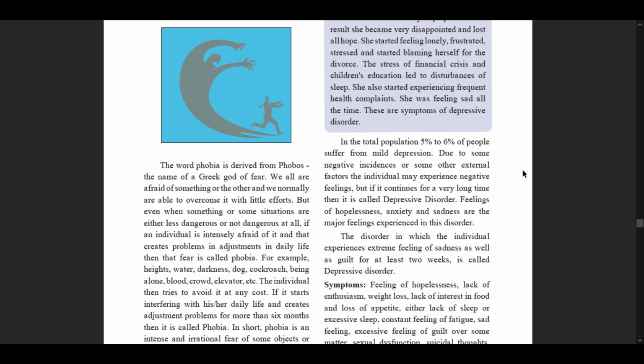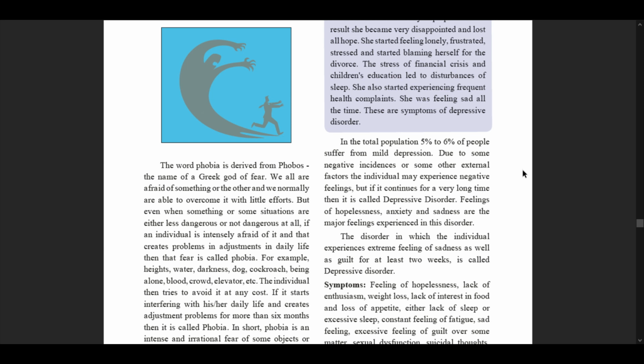If it is for an elongated period of time, then it becomes a disorder. Depression moves from mild depression, and after some time, if it is still there in an individual, it aggravates to a much more serious disorder, that is depressive disorder.